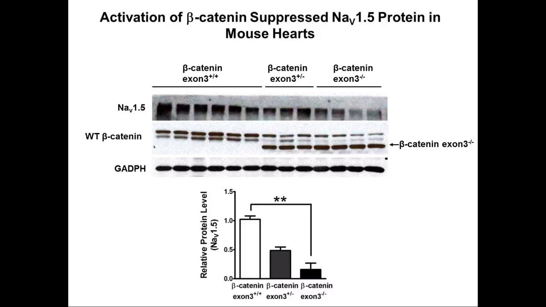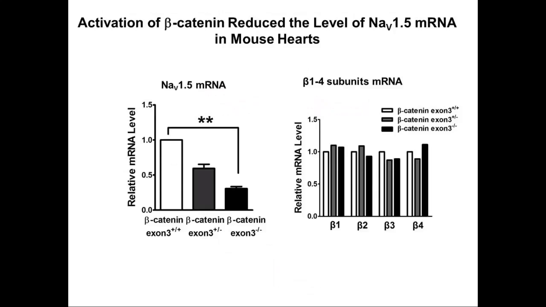When we delete this exon 3, beta-catenin is activated, and the majority of the protein is nuclear localized. As you can see, beta-catenin with exon 3 deletion is robustly expressed by Western blot. Sodium channel expression significantly decreases with this robust expression of the activated form of beta-catenin.